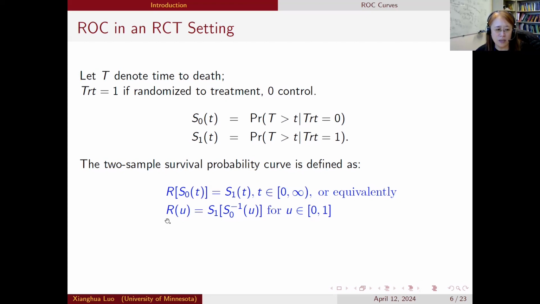Equivalently, R is simply the treatment group survival function of the inverse of the control group survival at U. Okay, U is between 0 and 100%. So that's the formal definition of the survival ROC, or two-sample survival probability curve.